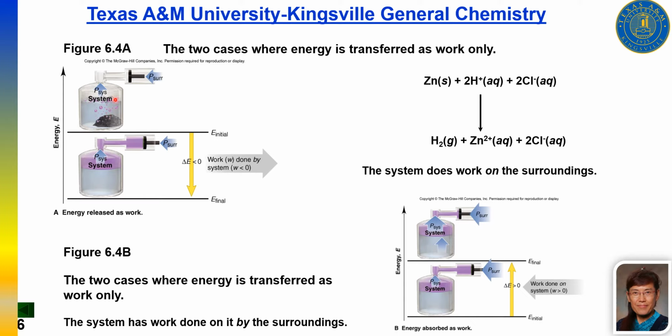In this case, you generated the gas. This gas is going to do work on the surroundings. So again, in this case, the internal energy change is released in the form of work.